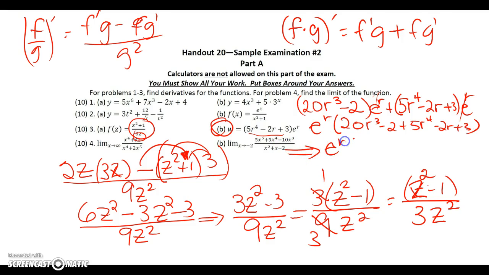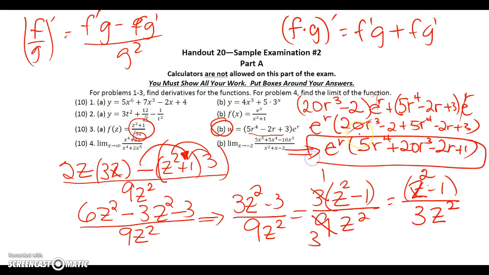So e to the r times, and I'm going to write it in standard form so that the largest exponent is first, 5r to the fourth, plus 20r to the third, minus 2r plus 1. And that's what your teacher has on the answer key. Okay? So here are the two answers.